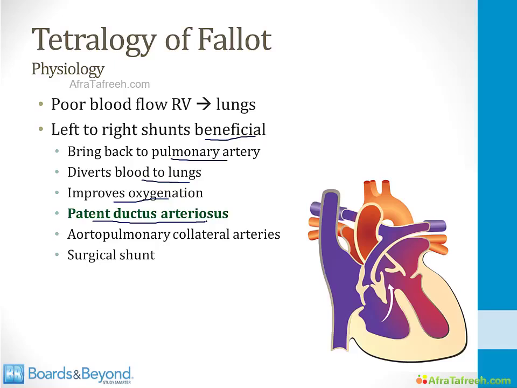And in fact, we'll talk later about how medicines are sometimes administered to maintain patency of the ductus arteriosus in babies with tetralogy of Fallot. In addition, some babies develop collateral arteries called aortopulmonary collateral arteries, and these are helpful. And then finally, surgical shunts are sometimes placed in order to deliver blood to the lungs from the aorta.